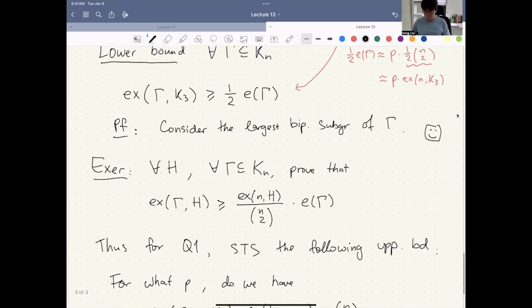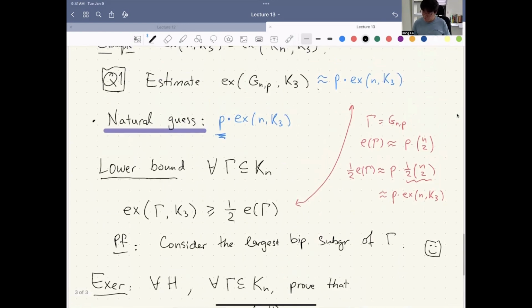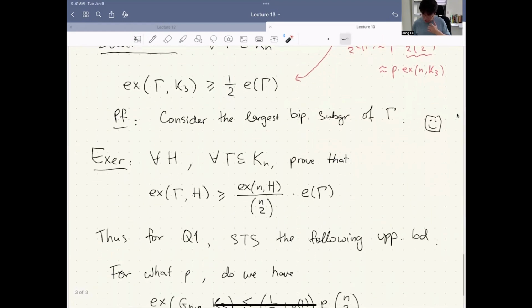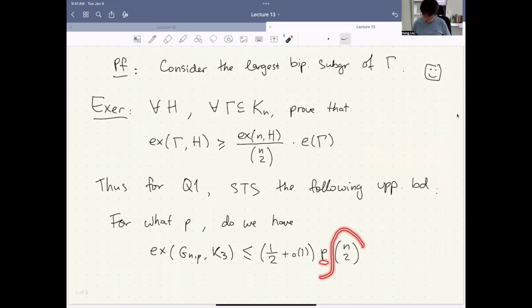Okay? So you have p times the extremal number, plus some error term. We proved the lower bound already up there.